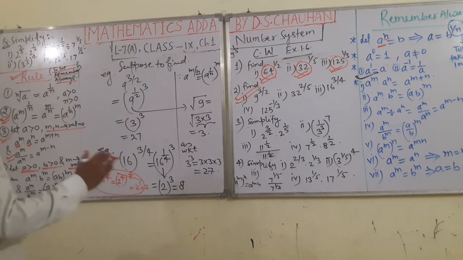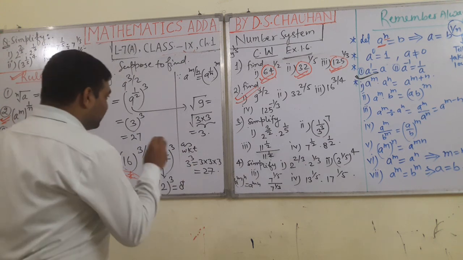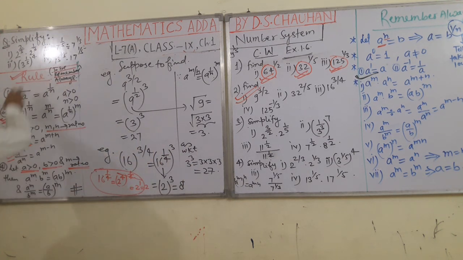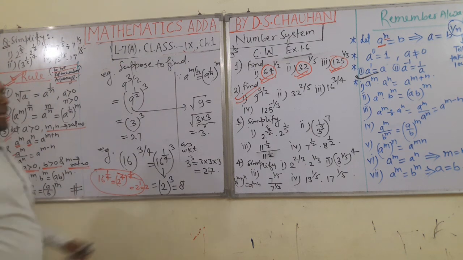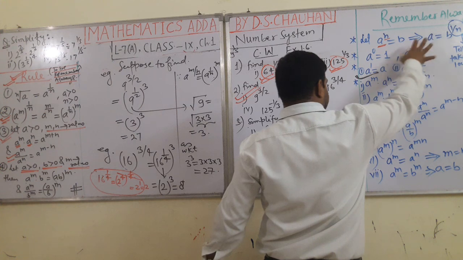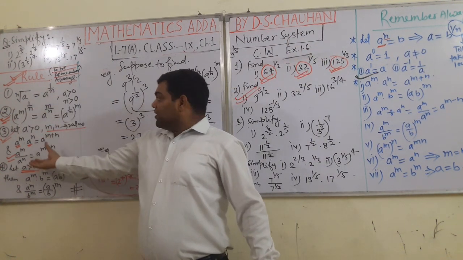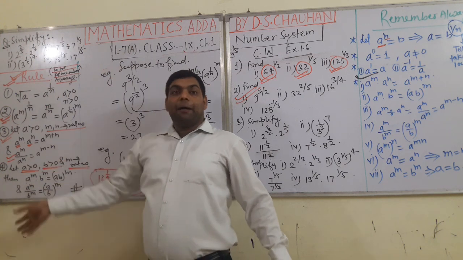Students, in this way, you have seen, if we have the complete idea related to these types of formulas, as well as these formulas from the class 8th standard, and these are the formulas related to class 9 standards.